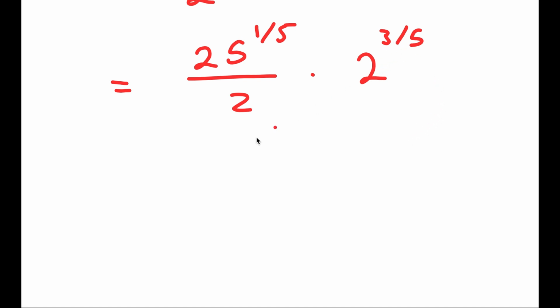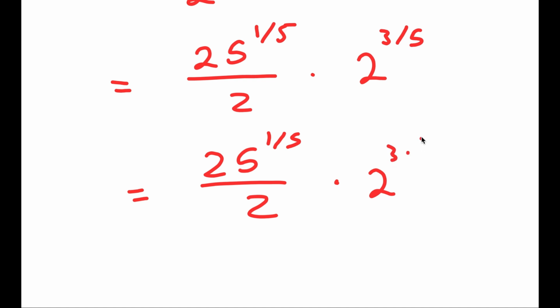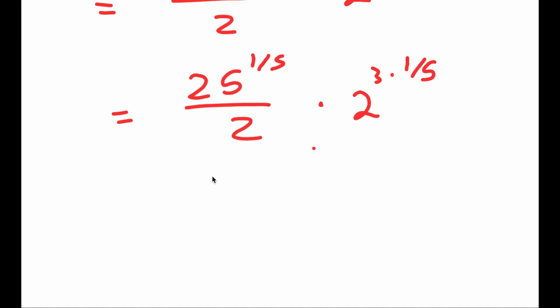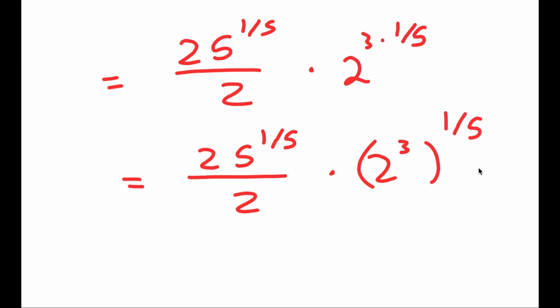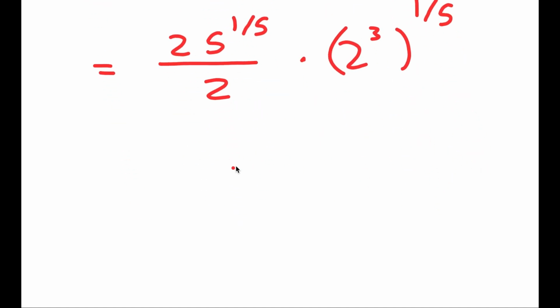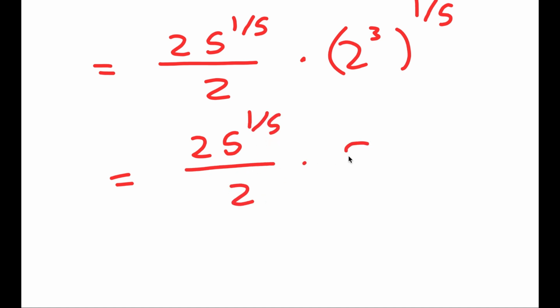Now I can rewrite 2 to the power of 3/5 as 2 to the power of 3 times 1/5, which is the same thing as 2 to the power of 3, to the power of 1/5, which is equal to 8 to the power of 1/5.